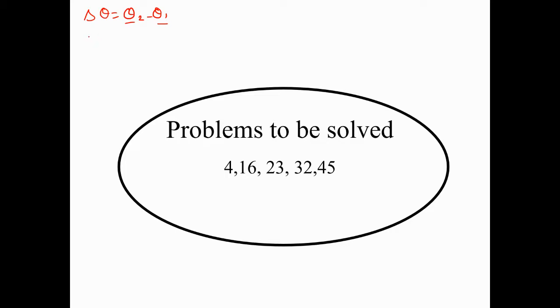Then angular speed, which is delta theta over delta t. Am I right? Yes. What is my angular acceleration? It is delta omega over delta t. Am I right? Yes.